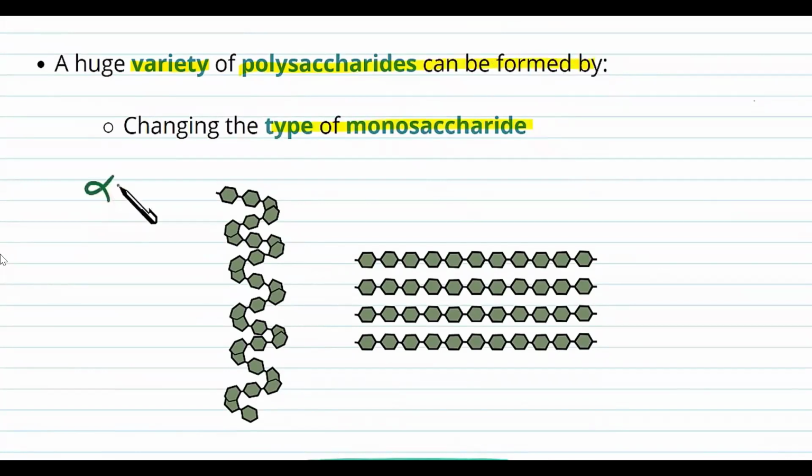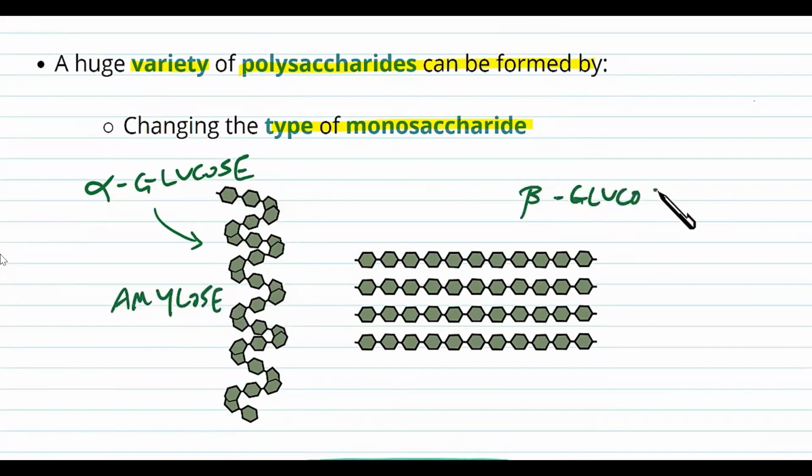So for example, say we chose alpha glucose as the monosaccharide. If we were to add that into a chain into a polymer, we end up with a molecule called amylose. If we incorporate beta glucose, the other isomer of glucose, we end up with a completely different polymer known as cellulose.